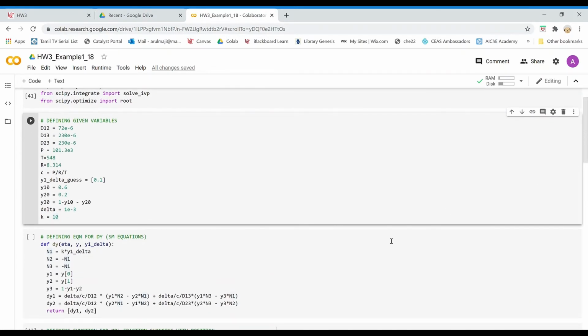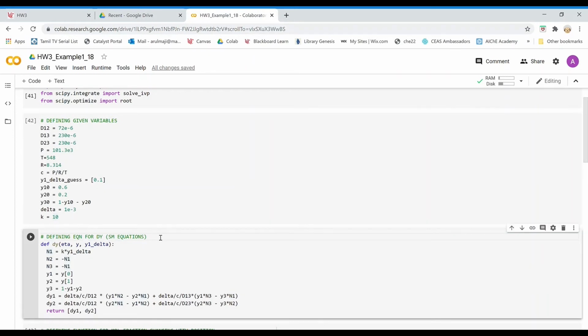Okay, so next we define our equation for dy. So this is what I walked through earlier with our Stefan-Maxwell equations. And so our Stefan-Maxwell equations are in terms of eta, our mole fraction, and then our mole fractions at our boundary.